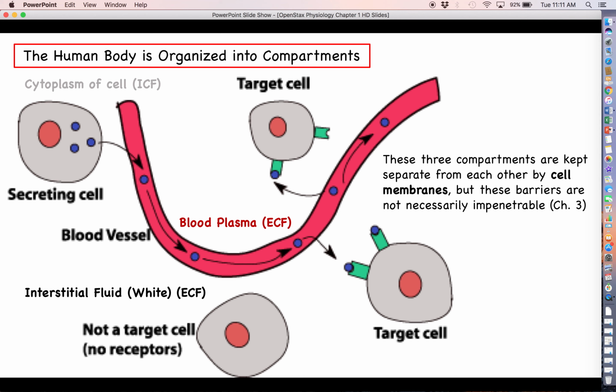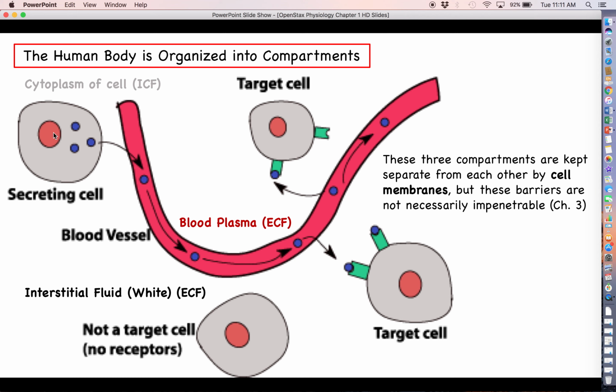Let's dive a little bit more into that body fluid compartmentalization. We've already said that we have an intracellular fluid and we have an extracellular fluid. As far as the intracellular fluid goes, being the fluid inside of cells, there's only really one variety of this. It is the cytoplasm of each cell.